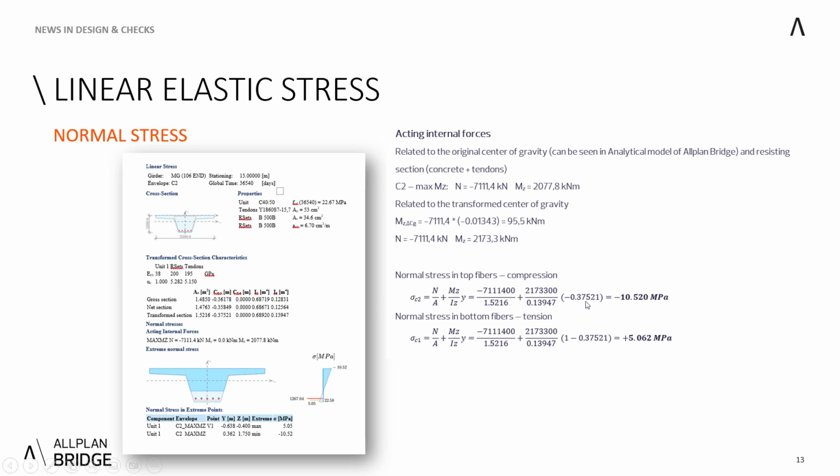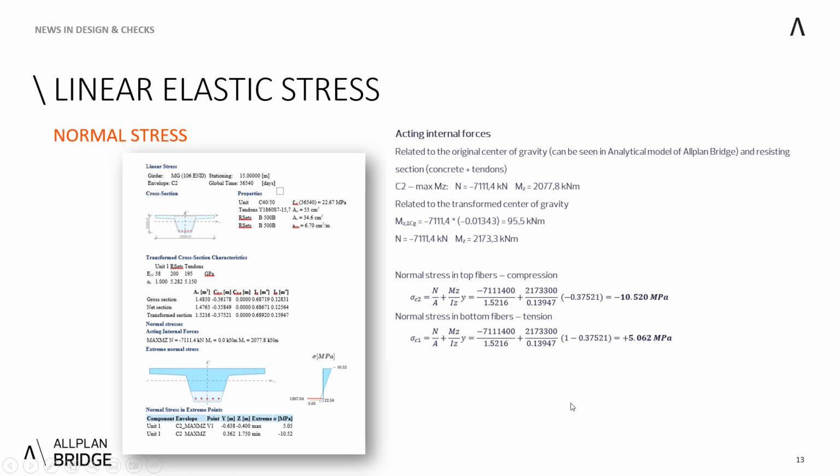So once we apply the distance to the top fibers, second time for the bottom fibers, we get to the values of minus 10.52 megapascals and plus 5.06 megapascals of tension, and it's exactly the values that you can see in the report.